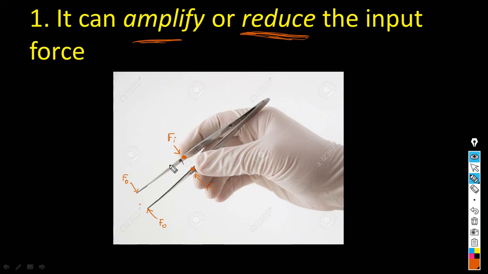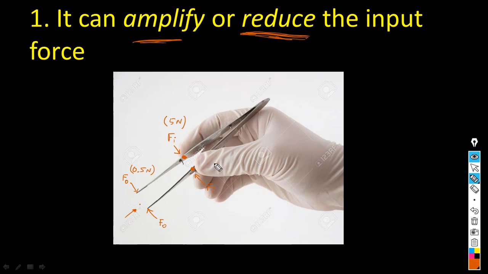And what the tweezers do for you, being a simple machine, in this case, is that they reduce the input force. So for example, if you put an input force of, say, 5 newtons, the tweezers is going to reduce that amount, and perhaps it's going to give out a force of 0.5 newtons. Okay, so it's 10 times weaker than the input force. And in such a way, you can handle fragile insects or fragile materials without worrying too much about destroying them.